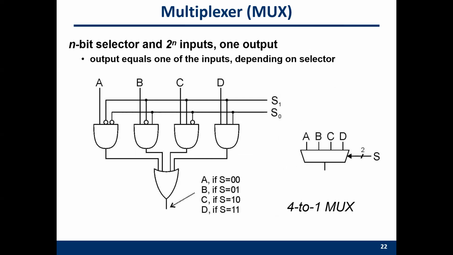We have some circuit component which can do the opposite thing. For example, we have an n-bit selector and 2 to n inputs. But in this case, we can generate only 1 output. The output equals 1 of the inputs, depending on the selector. For example, this is a 2 to 1.